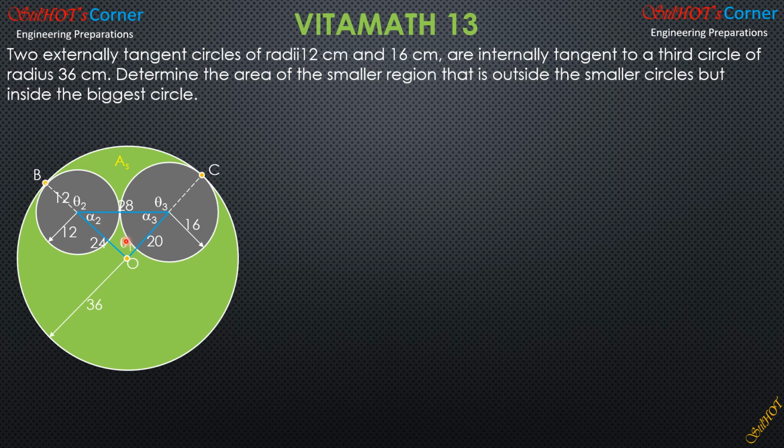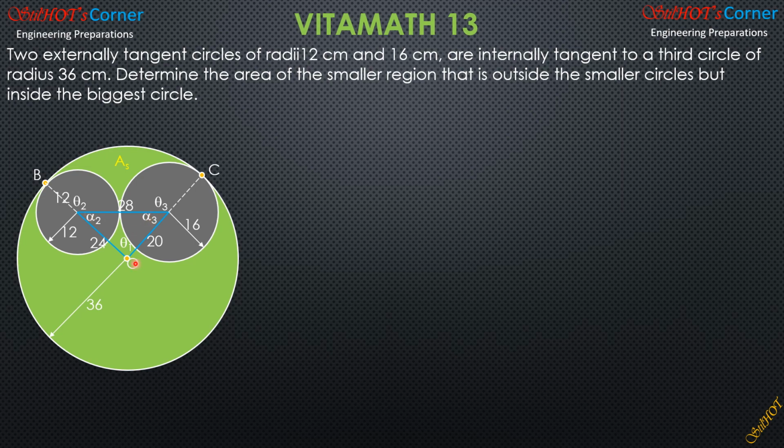Theta 1 is the biggest angle among these interior angles of the triangle. So if theta 1 is an acute angle, then definitely alpha 2 and alpha 3 will also be acute.